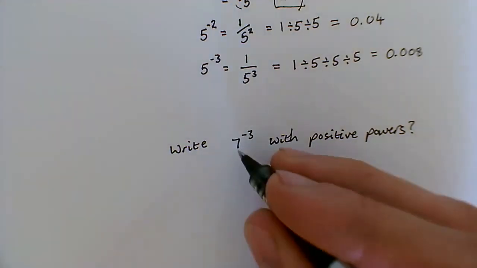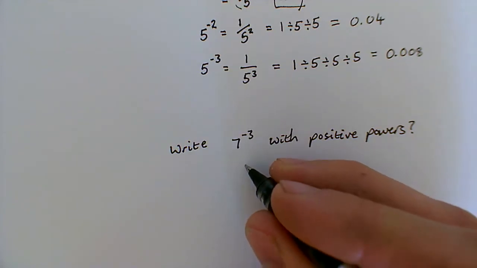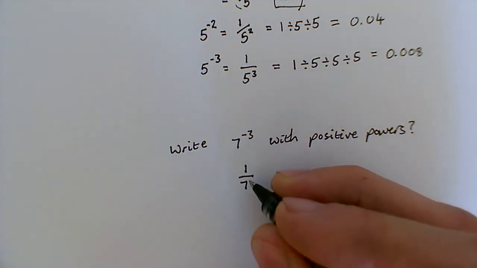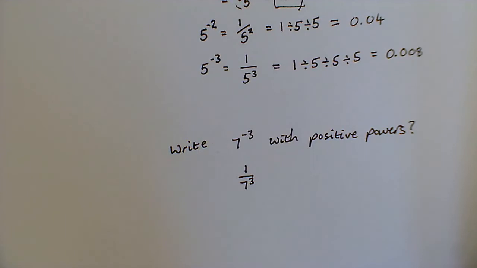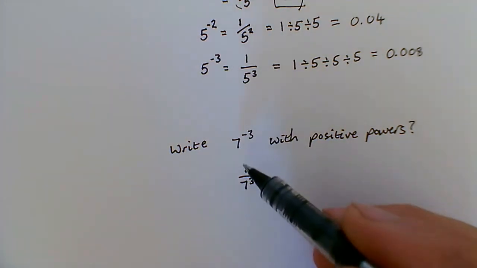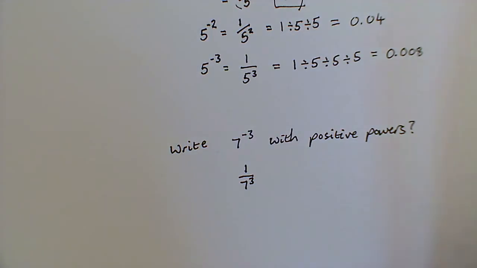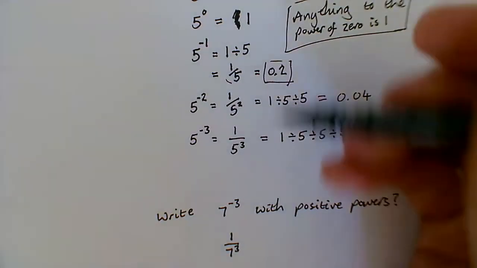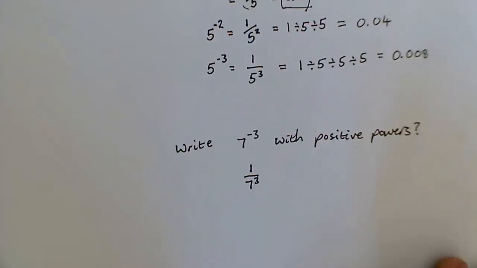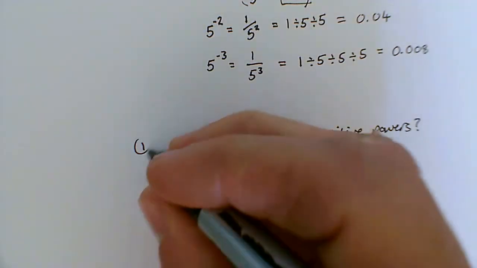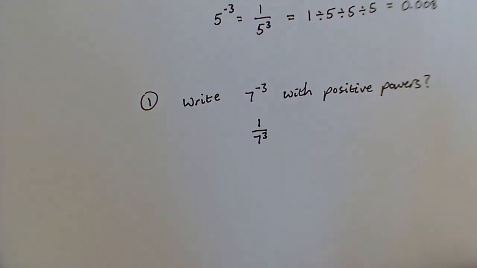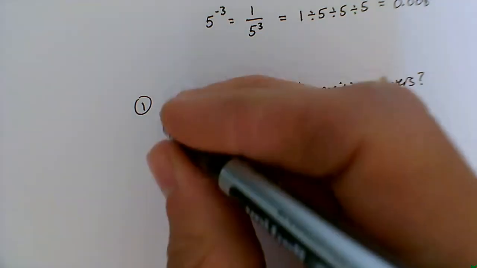Well, doing that, 7 to the minus 3 is the same as 1 over 7 to the 3. So it's just 1 over it and making the power positive. And that's what we saw when we spotted our pattern. That's what's going on up here. So that's question number 1. That's the first type of thing that you're going to get. Let's do another one like that.